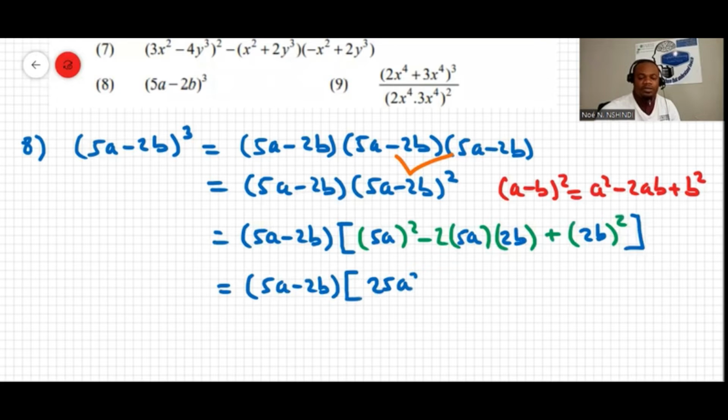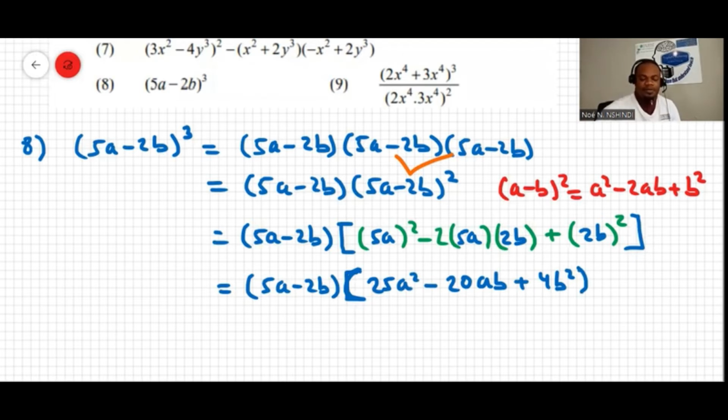25a squared minus 20ab, 2 times 5 times 2, and then a times b, plus 4b squared. Over there I already put my round bracket back.